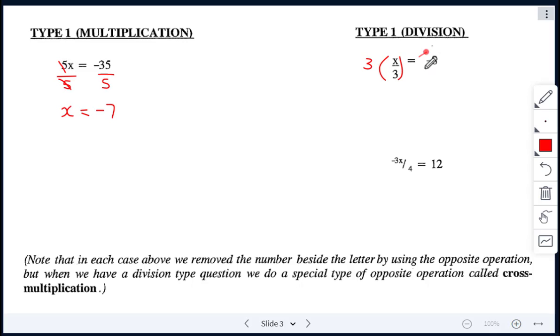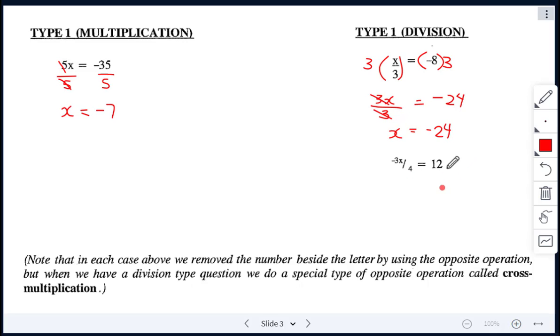I'm just showing it like this. Multiply by 3 on both sides. So now this becomes 3x. When you multiply this, it becomes 3x over 3. Just showing you that step. And this becomes negative 24. 3x divided by 3, so we're just left with x. So x is equal to negative 24.